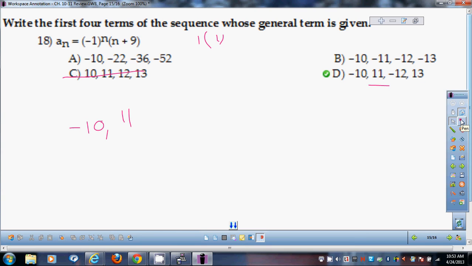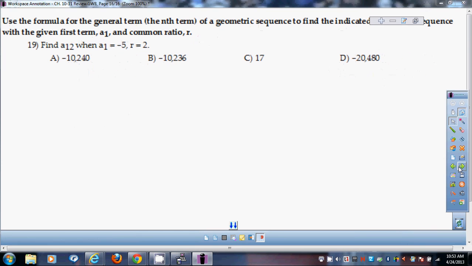Use the formula to find the general term of the geometric sequence. Who has the general term formula? Actually, didn't we just, yes. We did some. Justin, what's the general term? To the n minus 1. Thank you.